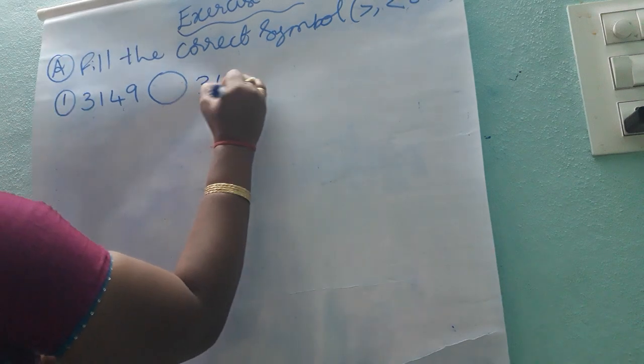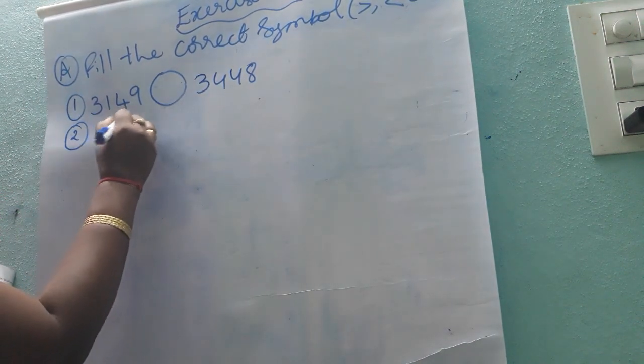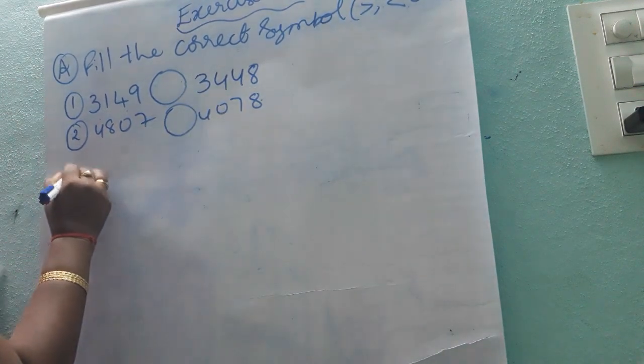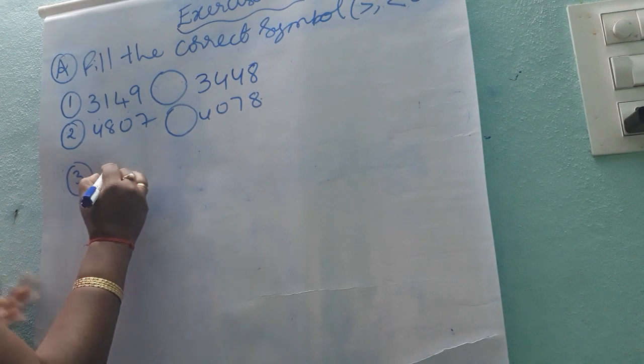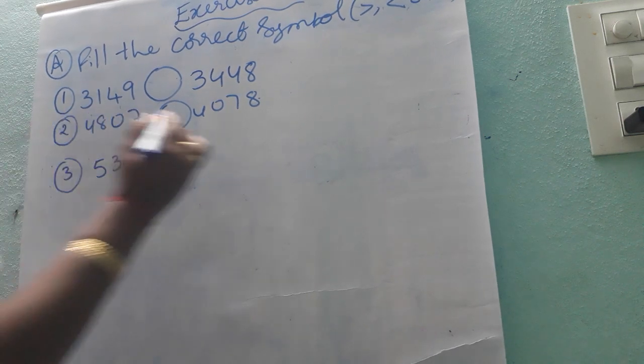3149, 3448. Secondly, 4807, 4078. Third one, 5308, 2441.